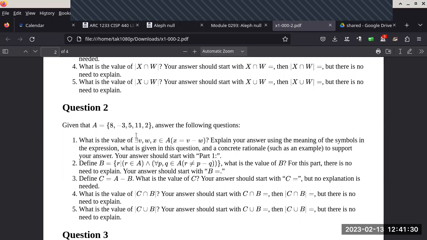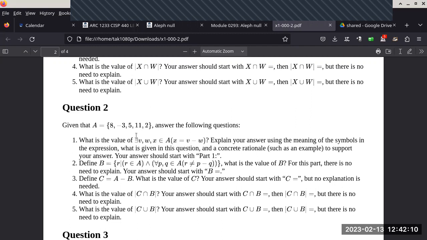In this case, B is tricky because B only has one single element, which is 2. 2 is the only one that cannot be expressed as the difference of two values of A. So that means C is also going to be different, because C is A minus B, everything in A that is not in B. So that's going to be 8, negative 3, 5, 11, because 2 is the only thing that is in B. When we look at the intersection between C and B, this will still be the empty set, because the way we define B and C makes sure that these two are exclusive of each other.